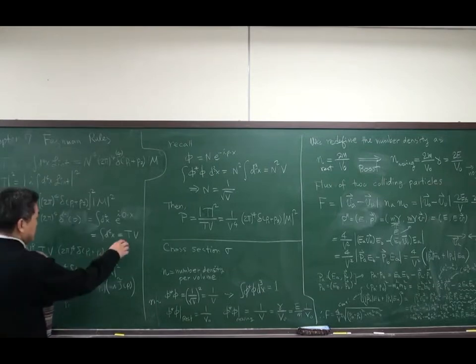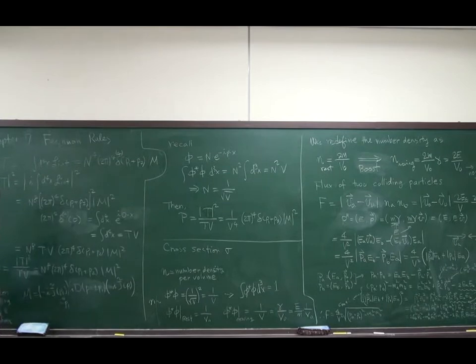So we have to renormalize this by this factor. If I divide by this time and space of the state, then we can define some probability of this kind of transition. Suppose a particle is coming in always, then if there is some rate of interaction, you will have many interactions.